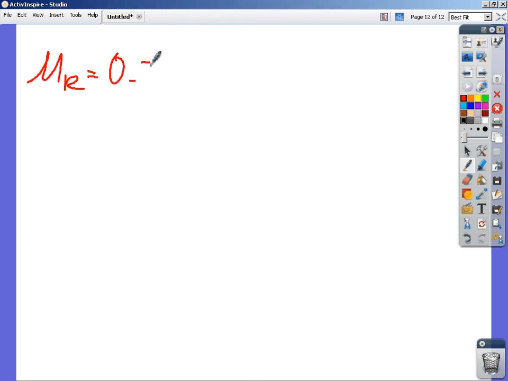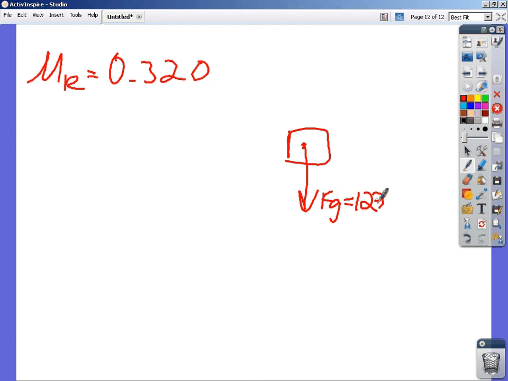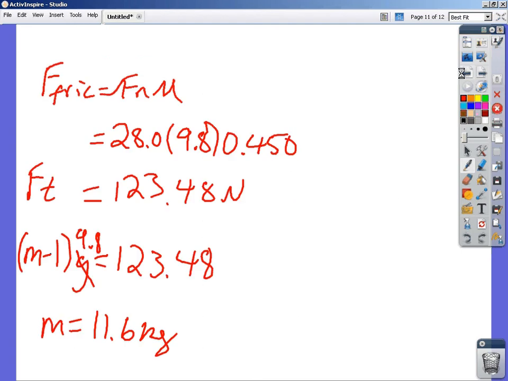So what we would do here is calculate the new frictional force using this coefficient. So now it would be equal to 28 times 9.8 times 0.320.